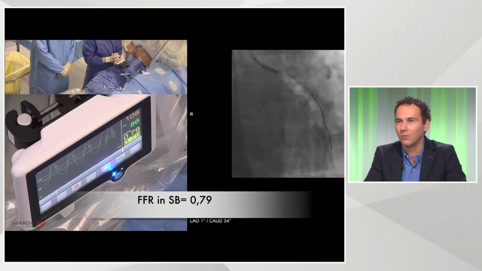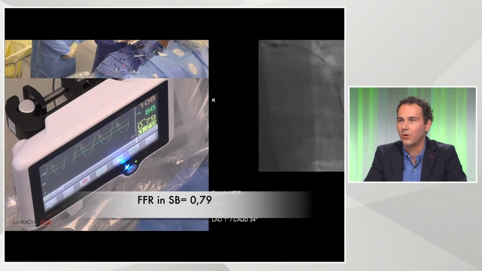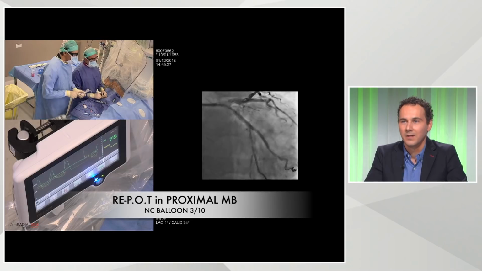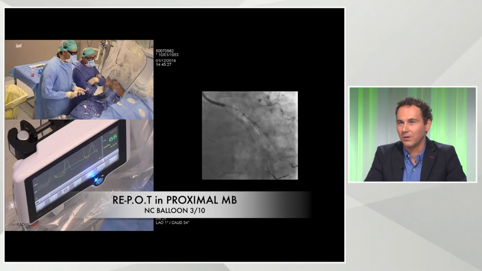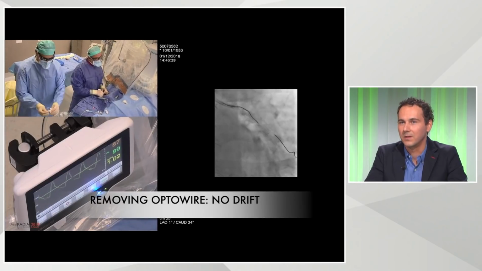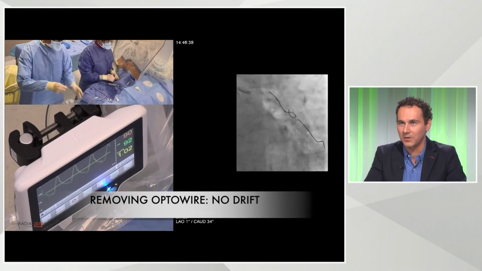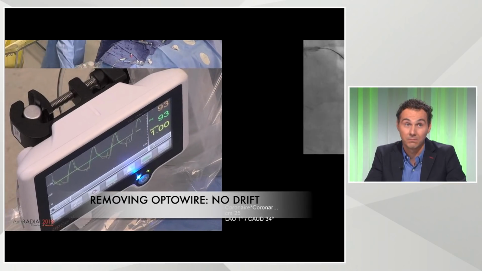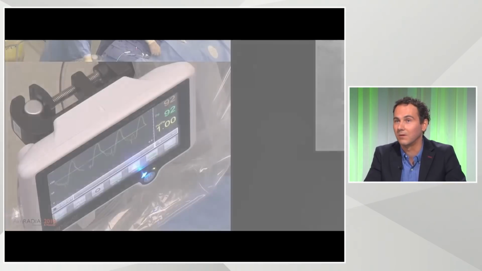And then again, we had a positive or gray zone FFR at 0.79. So after the opening of the side branch and the POT, we had this assessment of the FFR in the side branch, which was slightly positive. It's disappointing, but it's real life.